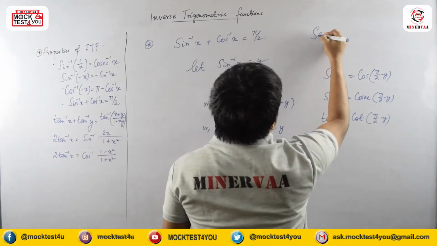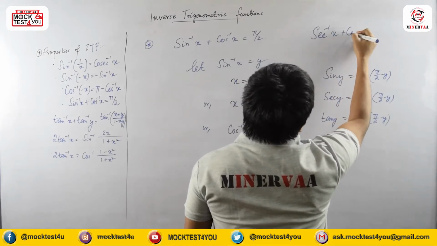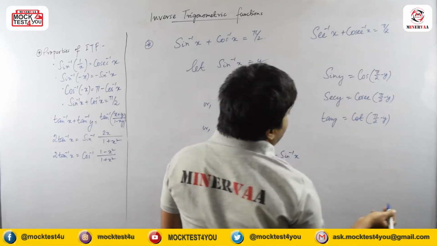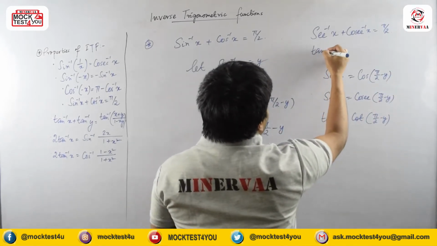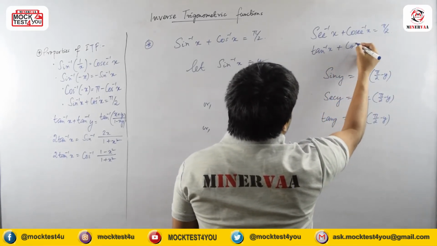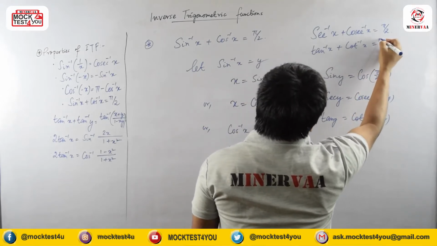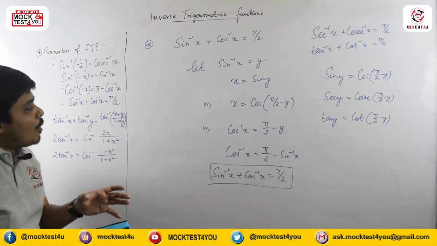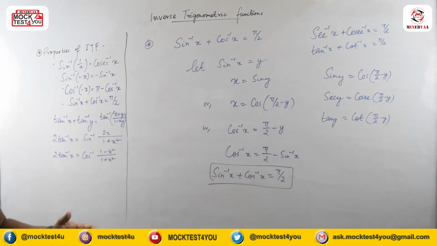So we can write sec inverse x plus cosec inverse x is equal to pi by 2. And the other one is tan inverse x plus cot inverse x is equal to pi by 2. So another pairing is formed. So in this way we have learned the other property of inverse trigonometric functions.